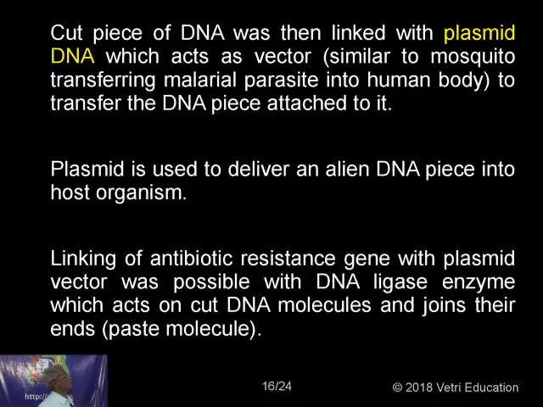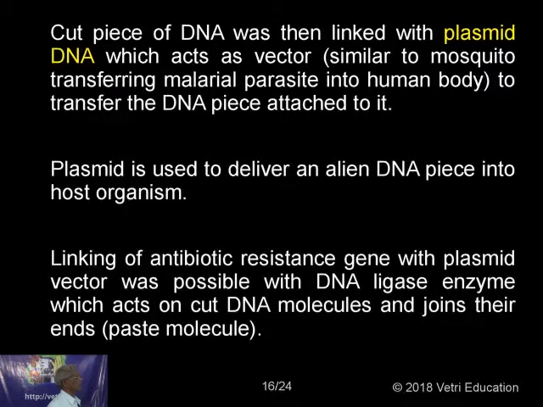The cut piece of DNA was then linked with plasmid DNA, which acts as a vector, similar to the mosquito transferring the malarial parasite into a human body, to transfer the DNA piece attached to it. Plasmid is used to deliver an alien DNA piece into the host organism.